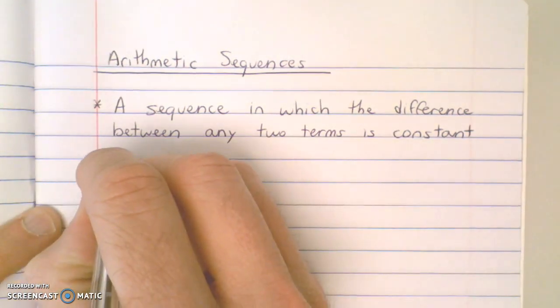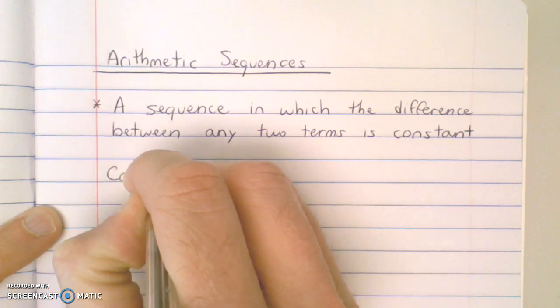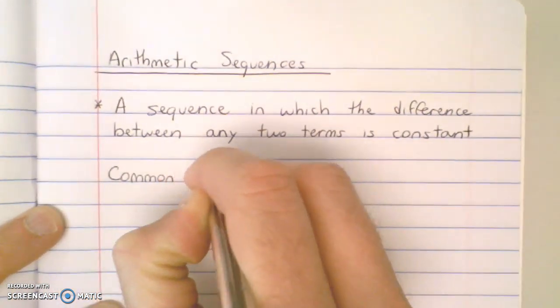We have a special name for that constant difference. It's called the common difference.